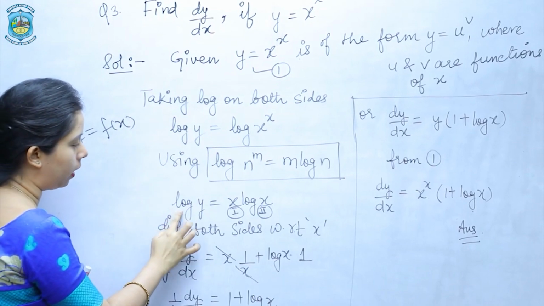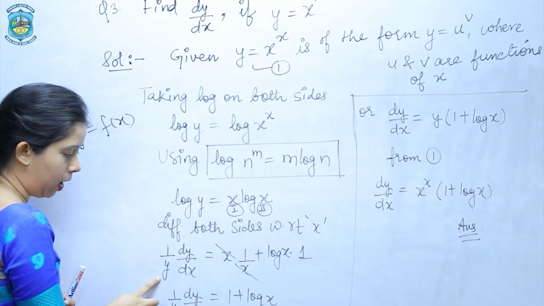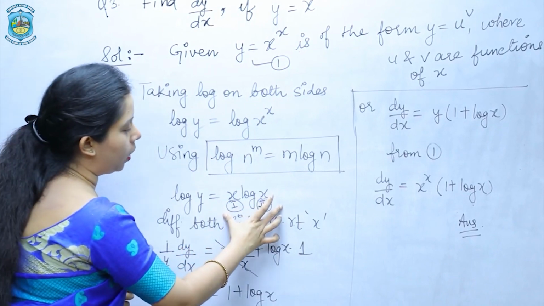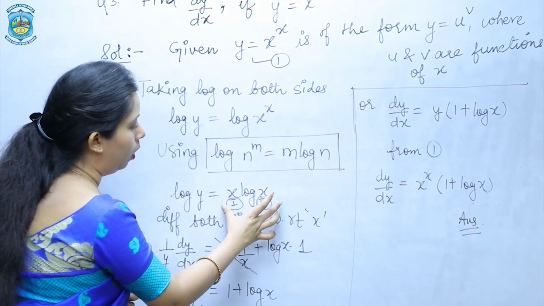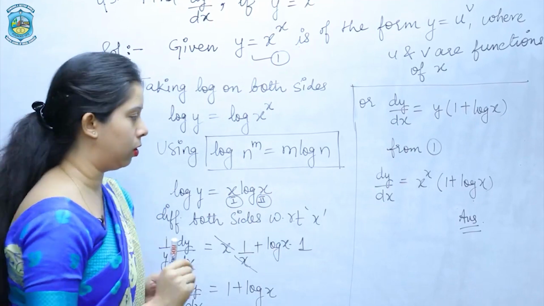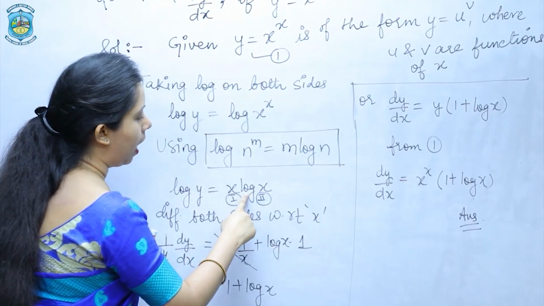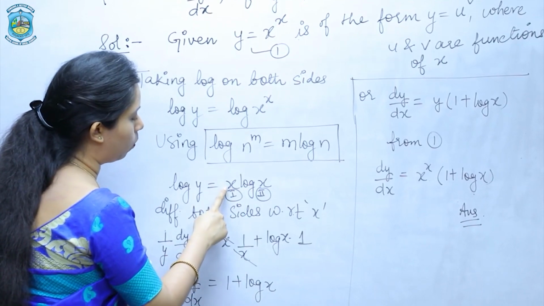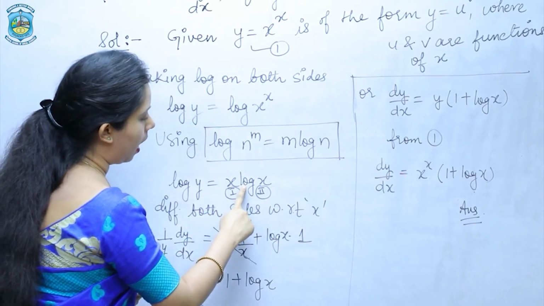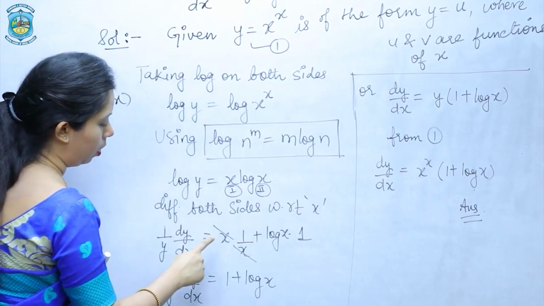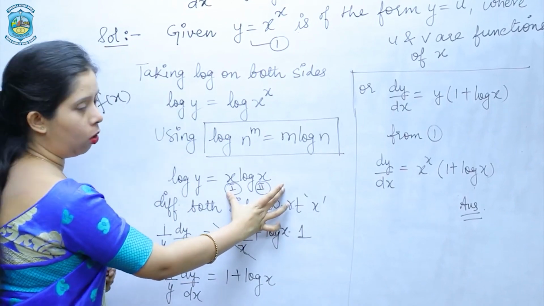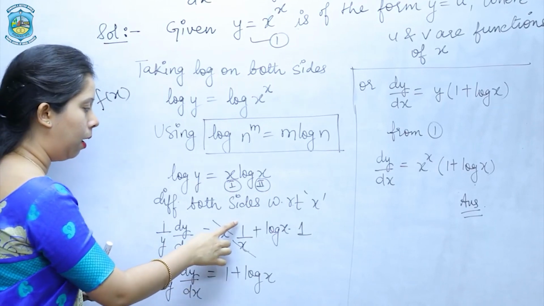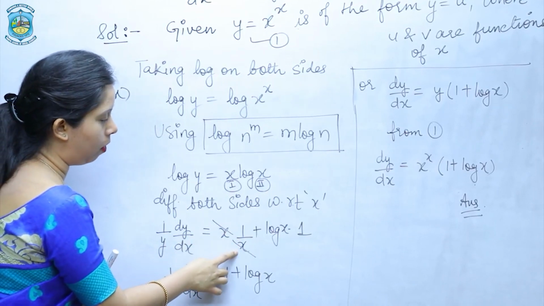So when you differentiate log y, we will get 1 by y into dy by dx is equal to, now differentiating the right hand side, here we are having product of two functions, that is an algebraic function and a logarithmic function. So assuming x as the first function and log as the second function, we will have to apply the product rule of differentiation, that is the first function is written as it is multiplied by the differentiation of second.